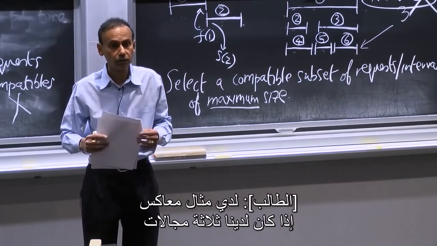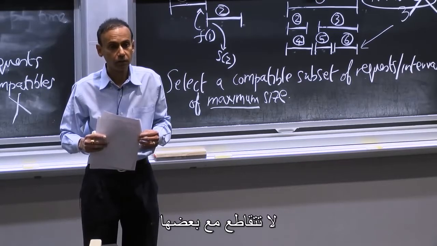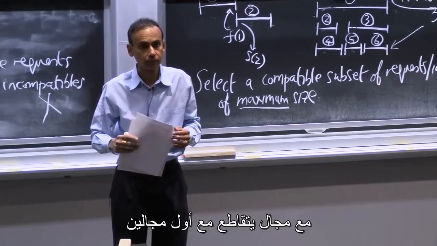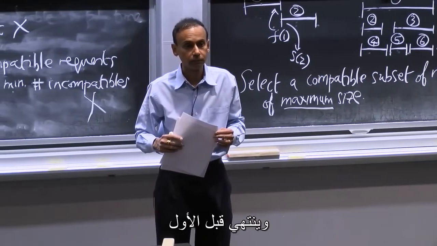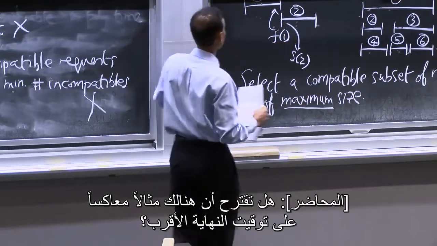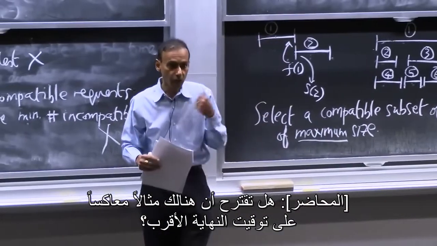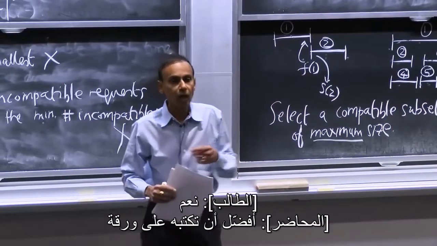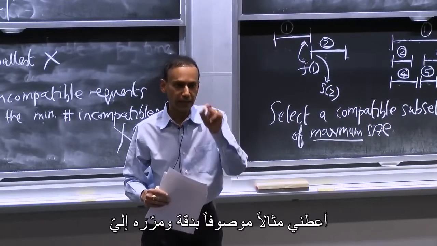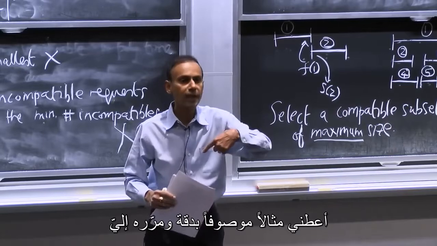You have three intervals that don't conflict with one another. Right. You have one interval that conflicts with the first 2 and ends earlier than the first one. Okay, so are you claiming that there's going to be a counterexample to earliest finish time? Yes. All right, I would write it down on a sheet of paper, right, and get me a concrete example, and you can just slide it by.